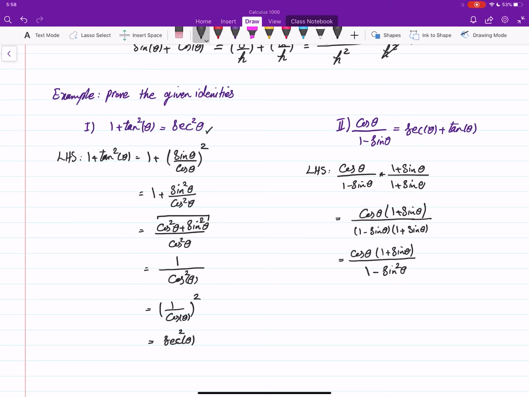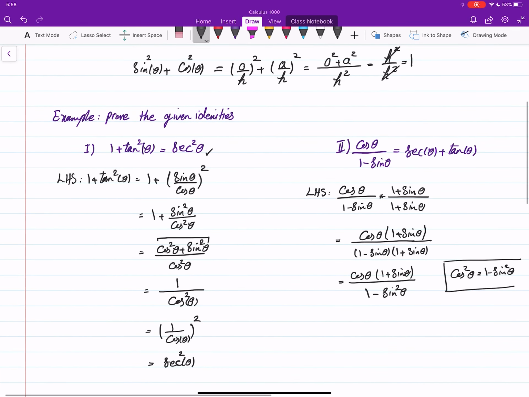Very nice. 1 minus sine squared is equal to cosine squared. So let me just put it here. Cosine squared is 1 minus sine squared theta. Why? Because I'm just taking the sine squared from the left hand side to the right hand side of the identity we had at the beginning. So this will give us cosine theta times 1 plus sine theta over cosine squared theta.